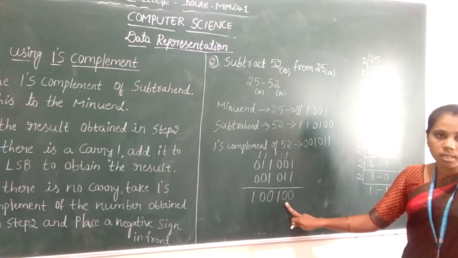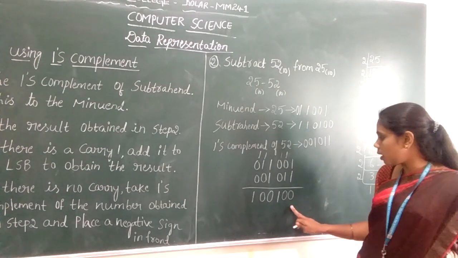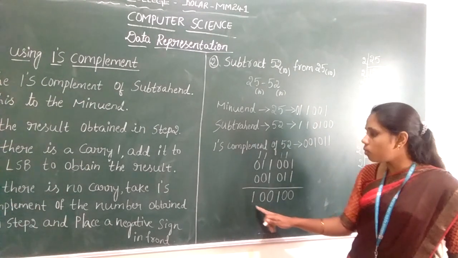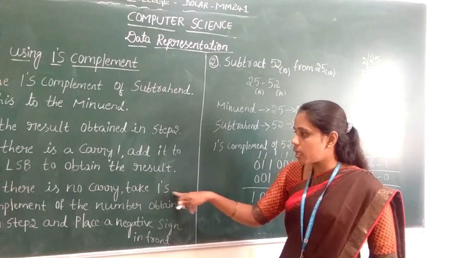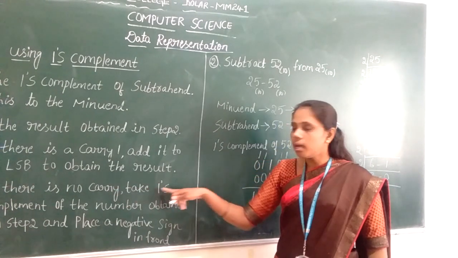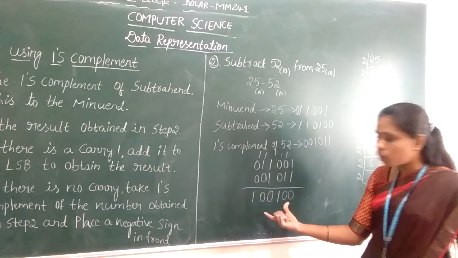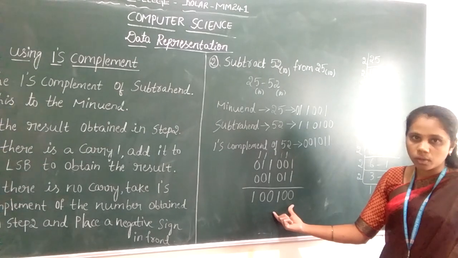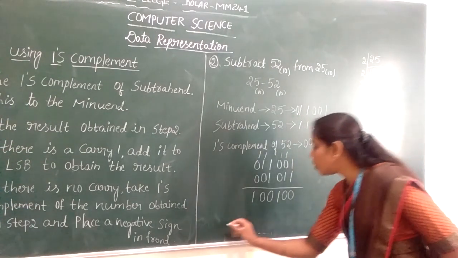Now check whether carry is generated or not. Here we don't get any carry. So if there is no carry, this is the second condition: take the ones complement of the result obtained. What is the ones complement?